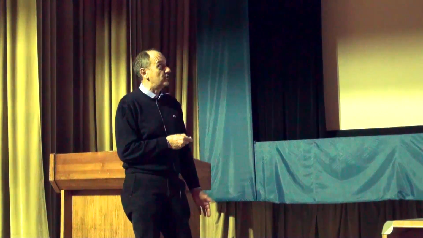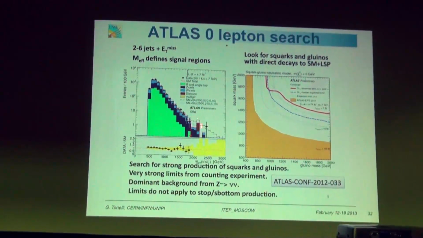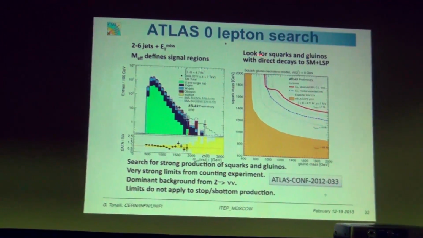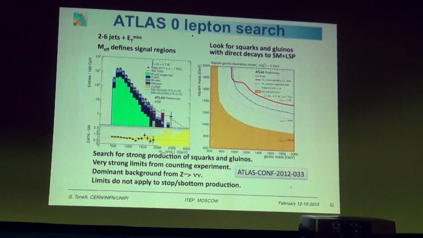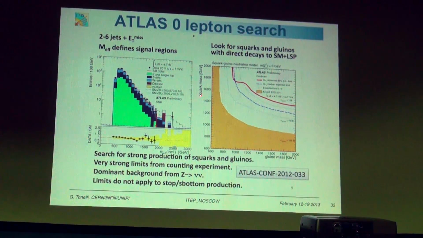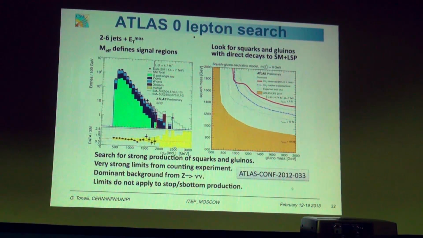These are a few examples of this study. For example, only jets, so 0 lepton. 0 lepton means that you look for jets and missing ET. And here you see the effective mass of the object. You look for a deviation in the distribution of the effective mass. Basically, there is nothing appearing up to a certain region, and this way you can put limits, within a certain model, on the mass of squarks and gluino that eventually decay to a standard model object, Q plus neutralino.